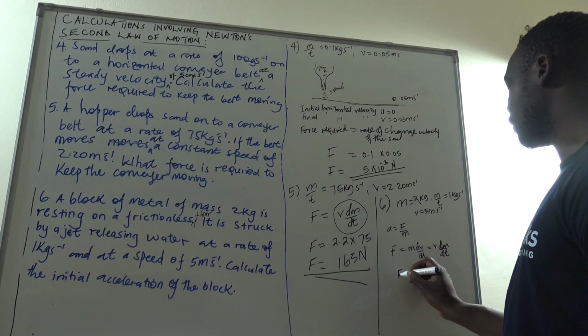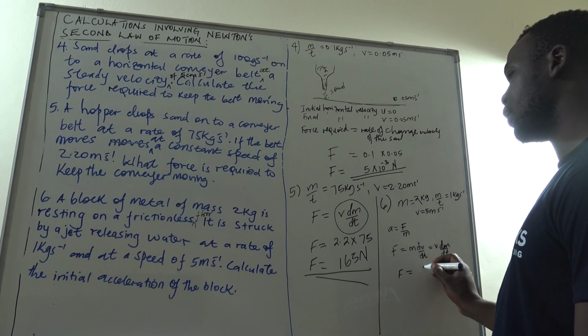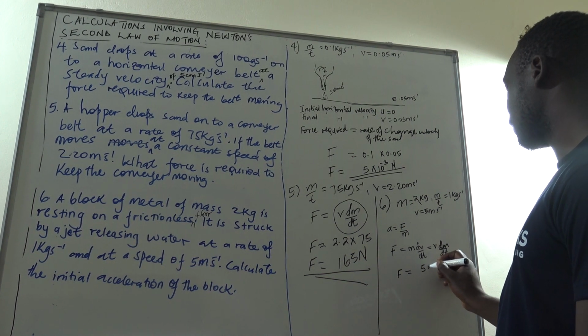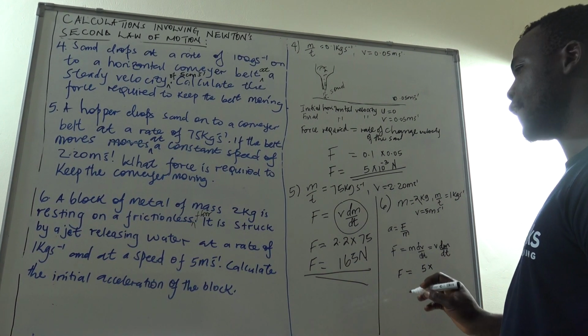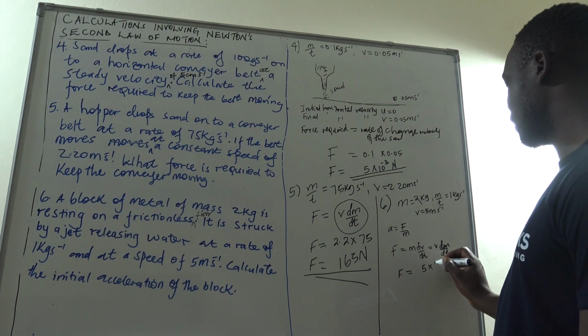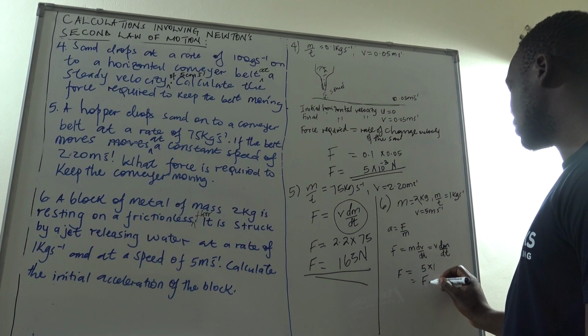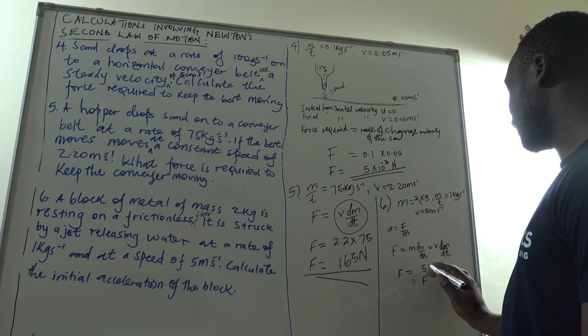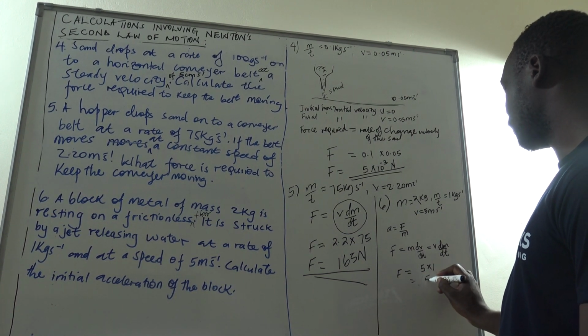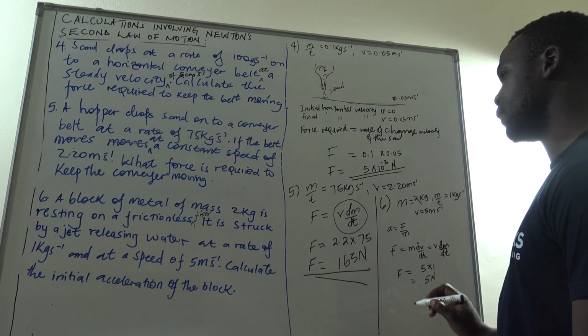So our force here is going to be our velocity, which is 5, times the rate, which is 1. So this force becomes 5 newtons.